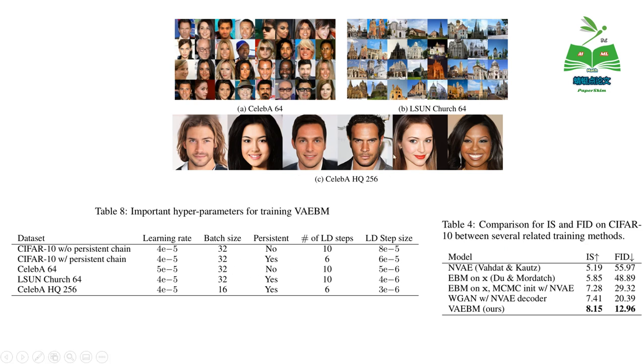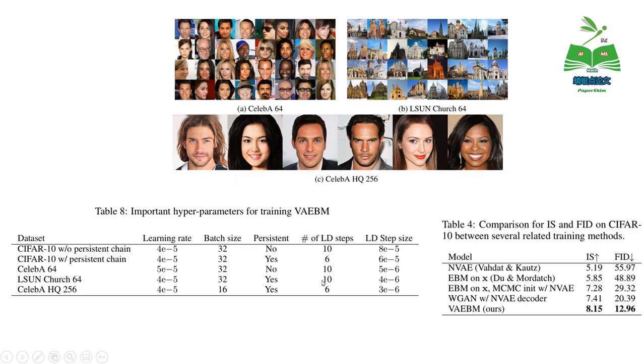They can apply the method on very high-dimensional data like CelebA 256 times 256. From table 8, we can see even for different data sets, the long-run dynamic steps can be very small, less than 10.